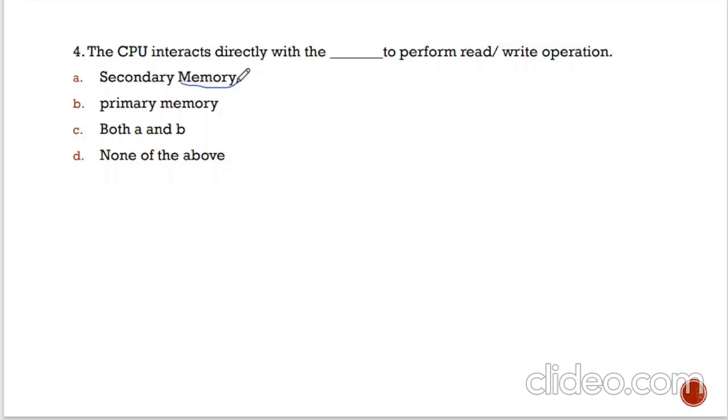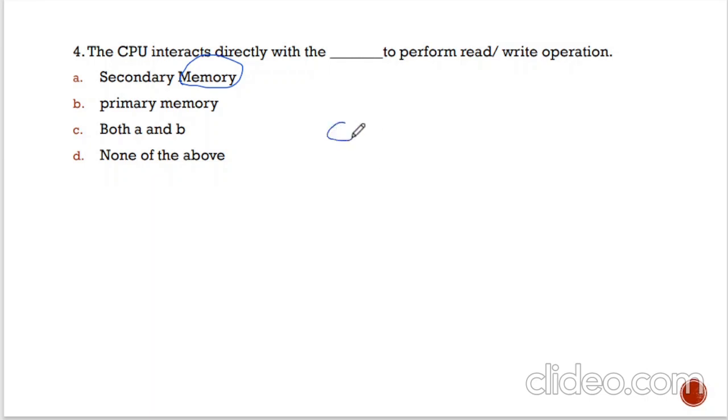The central processing unit, CPU, has to perform all the processing and all the read and write operations for the user whenever the user wants to access some data or block of data from the computer. That block of data or information is stored in memory.